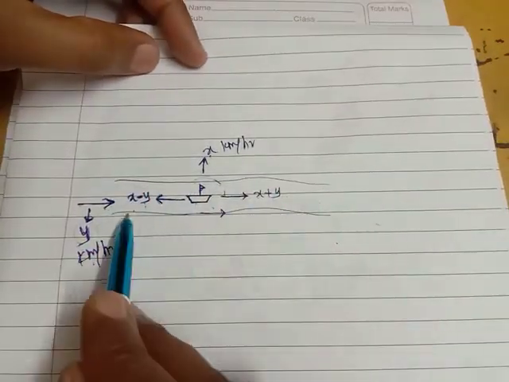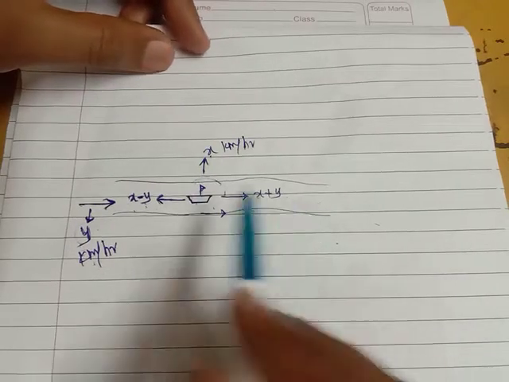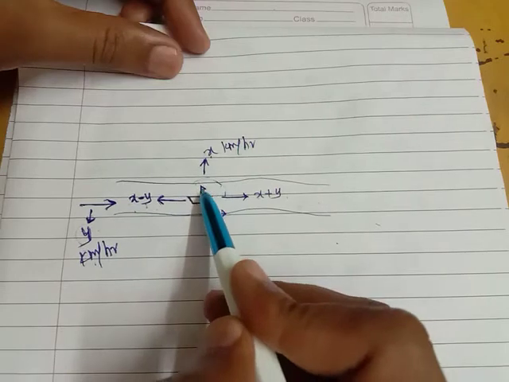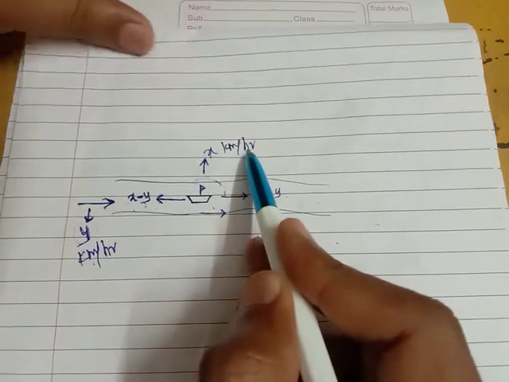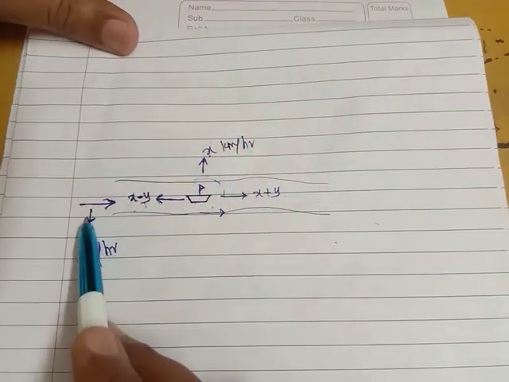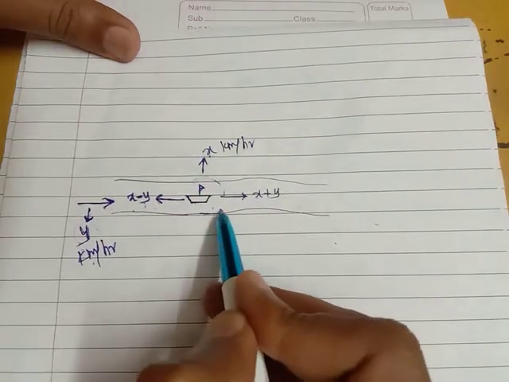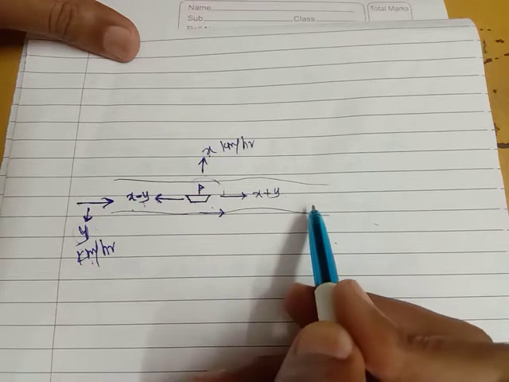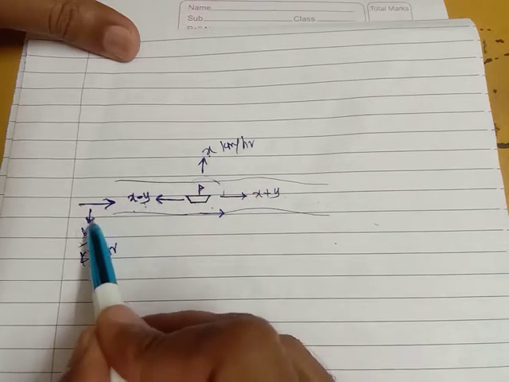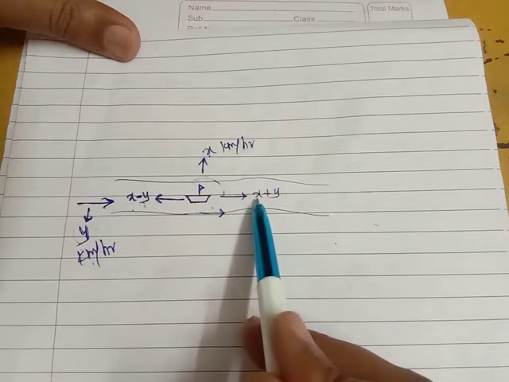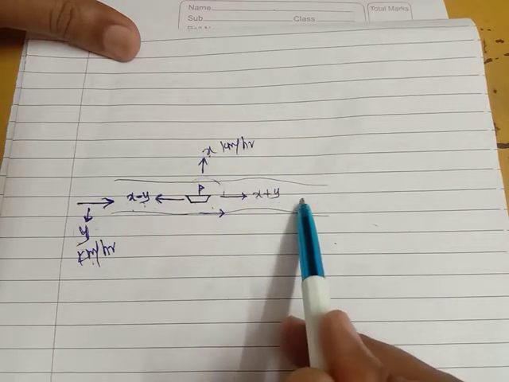Suppose here is a water current, a stream of water, and there is a boat sailing in it. We have taken the speed of the boat as x kilometers per hour and that of the stream as y kilometers per hour. When this boat travels in the direction of the water current, the speed of the current adds to the speed of the boat, and in this case the speed of the boat will be x plus y kilometers per hour.